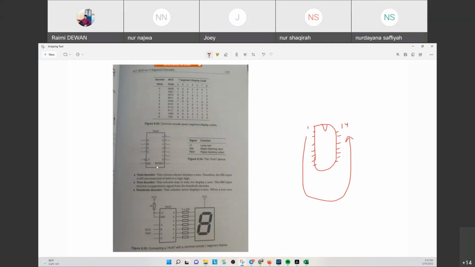So RBO and RBI we are going to use if we have multiple digits. For example, if we want to show time, this one is not enough because this is one number. We need at least how many? How many sets of 7 segment do we need?